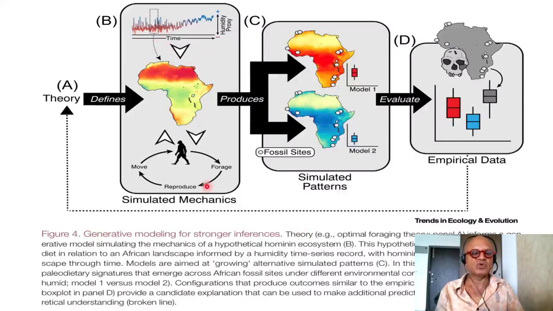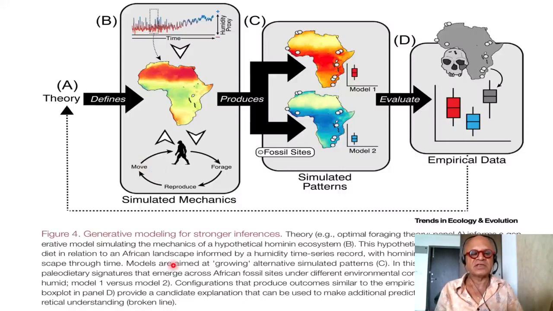This hypothetical model simulates hominin diet in relation to an African landscape informed by a humidity time series, with hominins interacting with the landscape through time. Okay, some amount of time is covered by this model, as we saw two models of Axel Timmermann. One went to archaic human species, and the other one covered the later part of the Pleistocene, more recently over the last couple of 100,000 years.